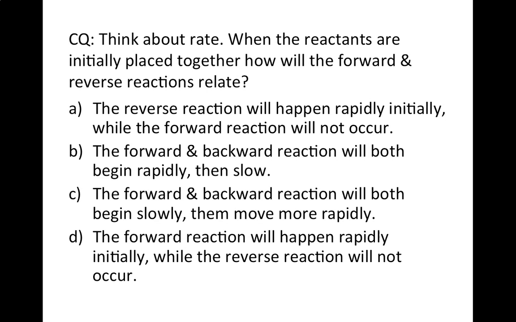They're going to start reacting. So initially, the forward reaction rate is going to happen very rapidly in comparison to how it will be later on down the line, because it's almost all reactants. Those reactants are going to be hitting one another, forming the products. So at the very beginning, the reverse reaction is not occurring because there are none of the products to go back in the reverse direction to the reactants. So D is the correct answer here.